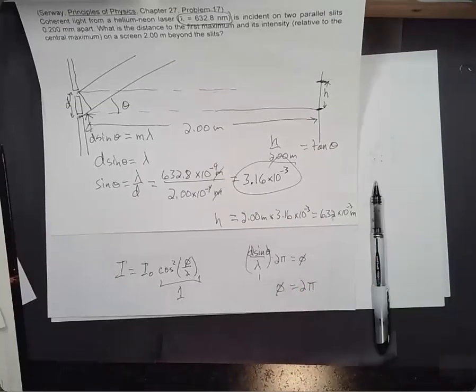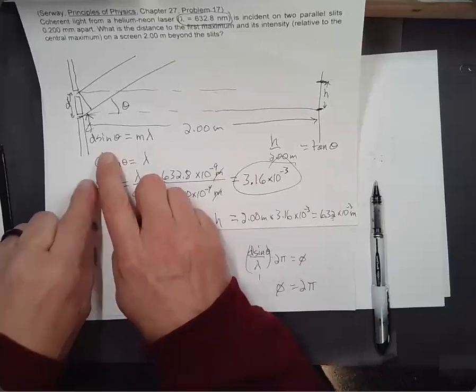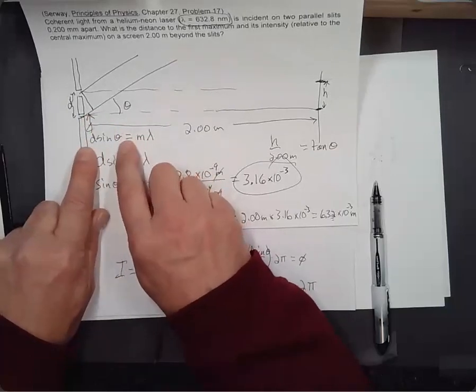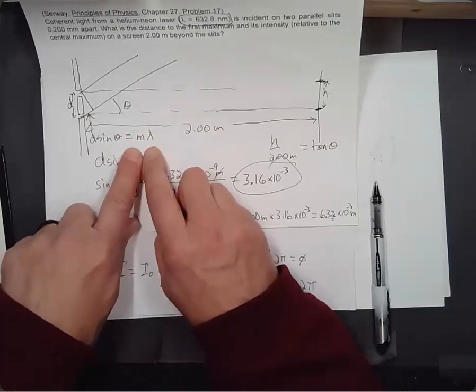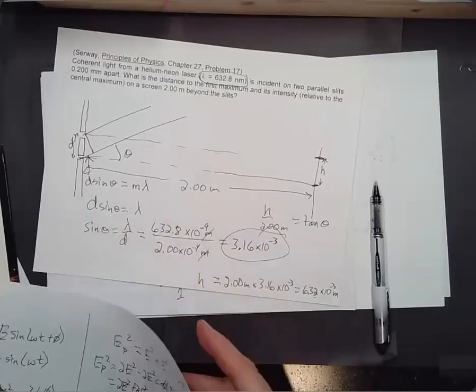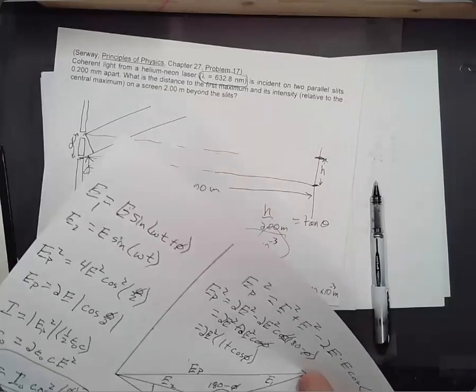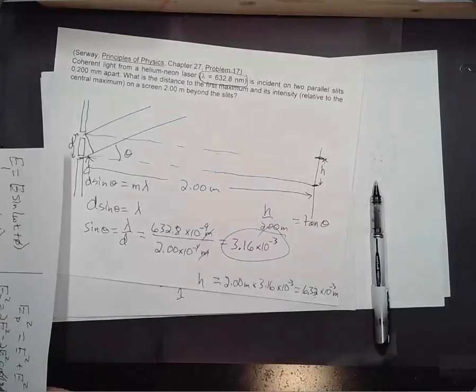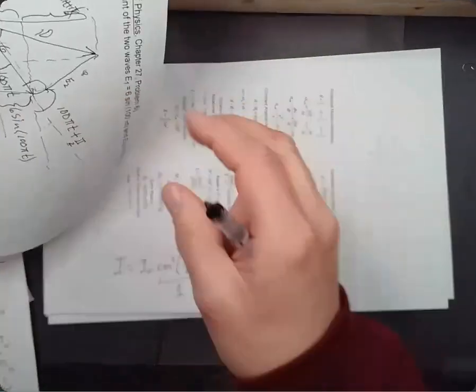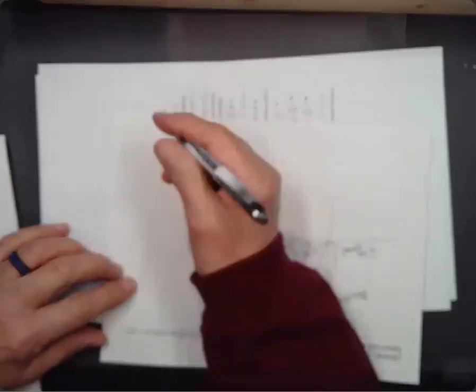Okay, there was a lot of stuff in here, but a really important thing is to realize the path length difference, d sine theta, is equal to m times lambda, and that's where you get the maxima. By the way, there's a formula in your book that I don't think they give enough emphasis to, and this is the formula.